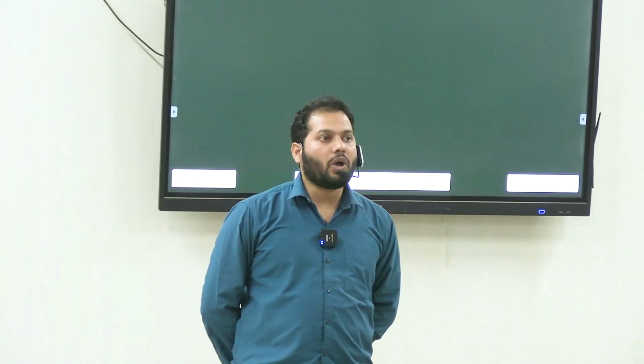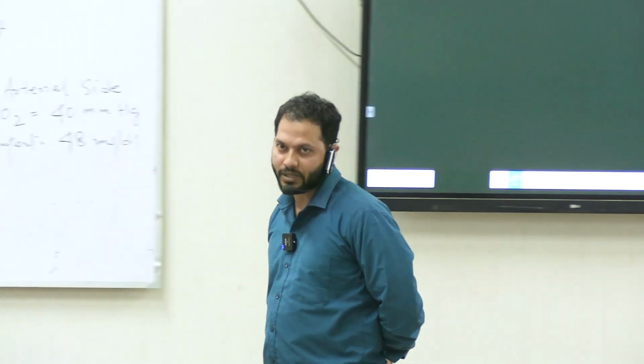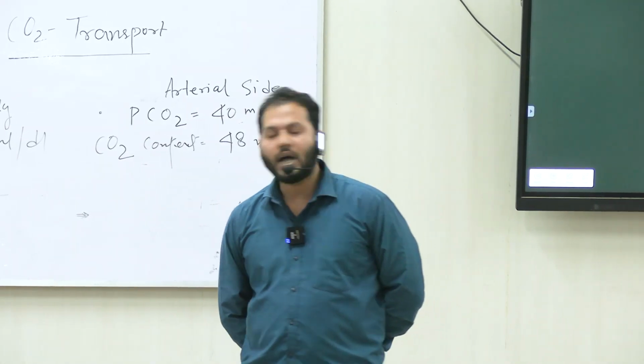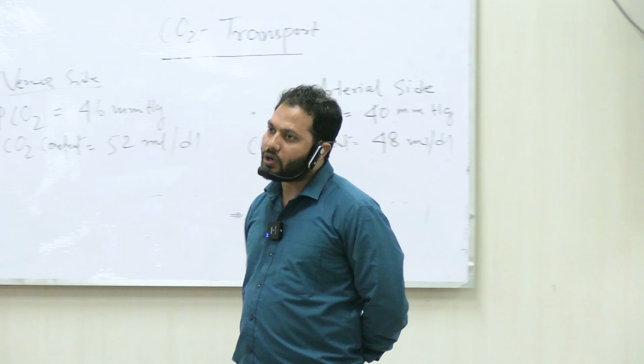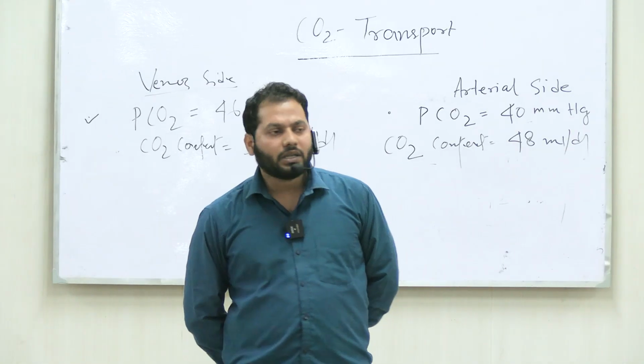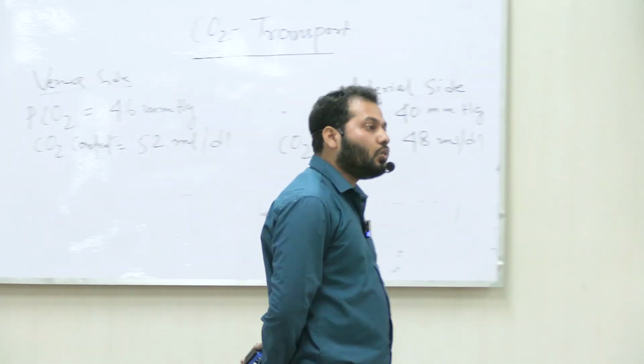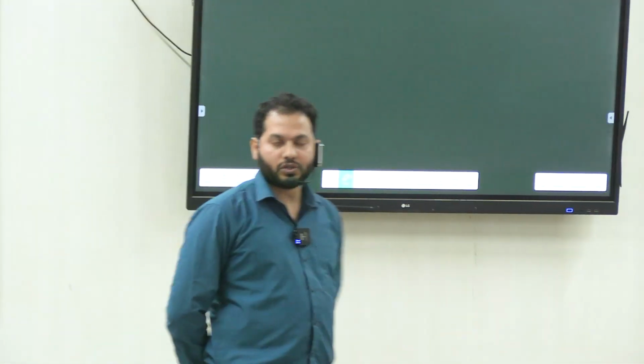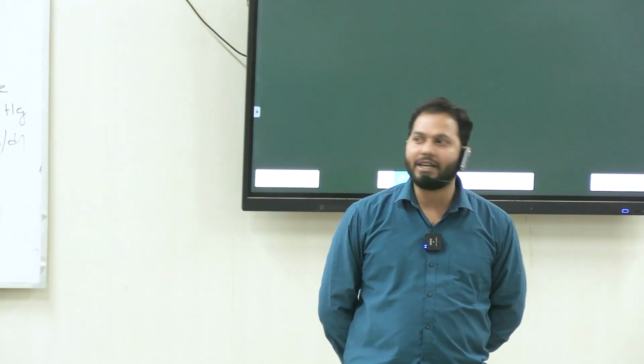Most of us know the main functions of hemoglobin. That is the transport of oxygen as well as transport of carbon dioxide. But other than these two, hemoglobin plays some other roles. So what are the other functions carried out by hemoglobin?